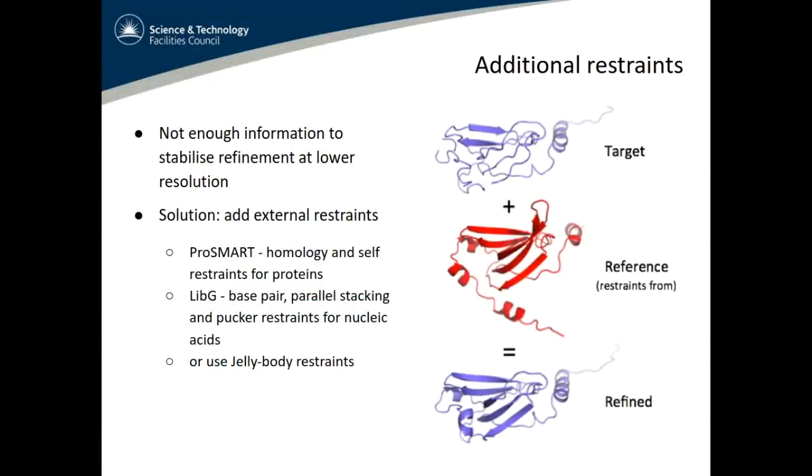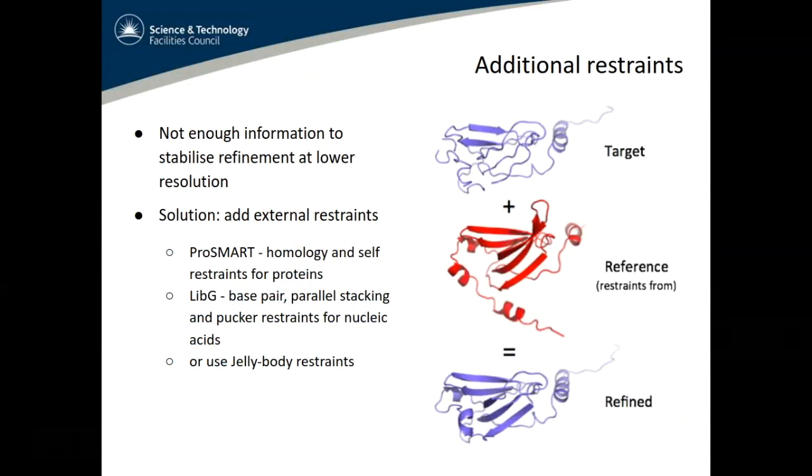I also mentioned additional restraints. At lower resolutions in particular, there's not enough information to stabilize the refinement, and you can stabilize it by adding external information, so any sort of information you have that can help the program to decide where things should be. These diagrams are showing ProSmart homology restraints.